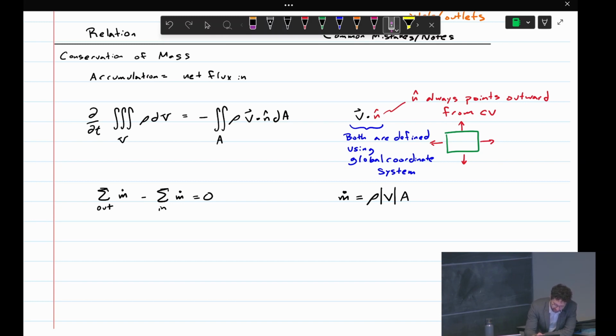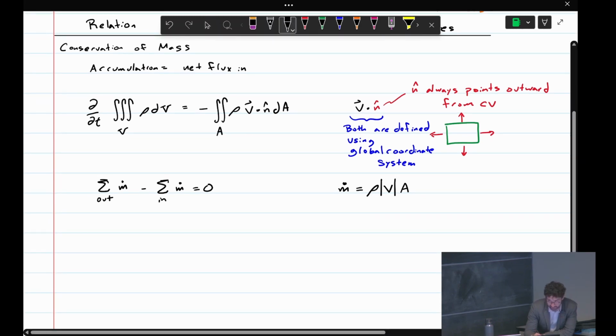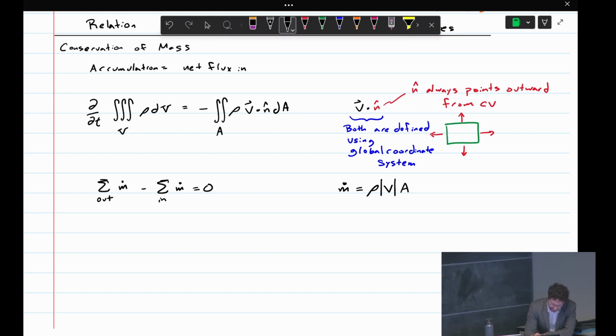Technically, this magnitude is the normal velocity magnitude, but it's always normal, right? At least in this class, we're always going to have flow directly into the CV. You're not going to have to worry about some sort of oblique flow. We've never done an example like that.